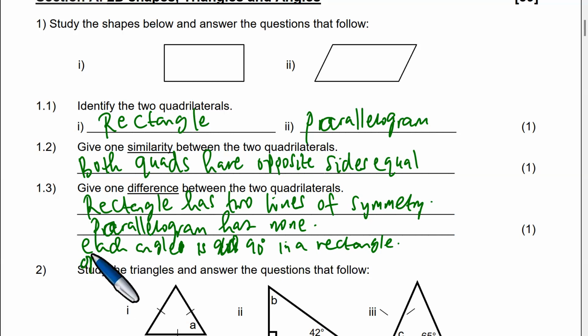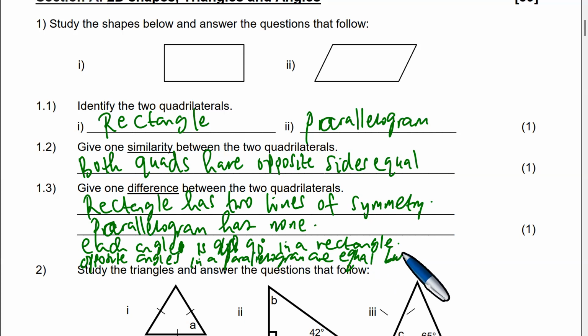Here you come and say the opposite angles in a parallelogram are equal, but not necessarily 90 degrees.